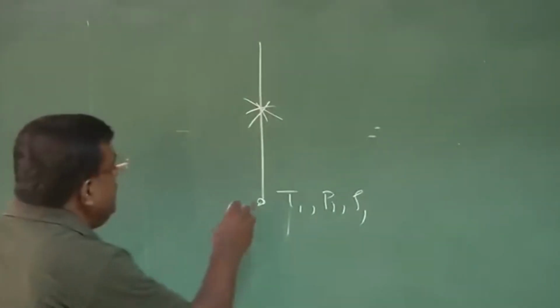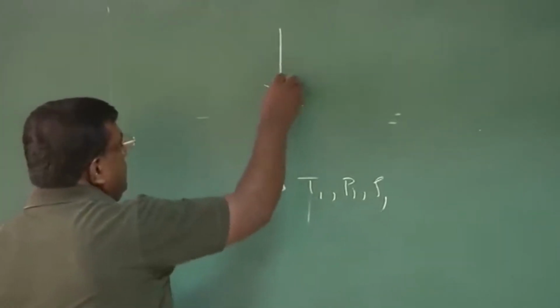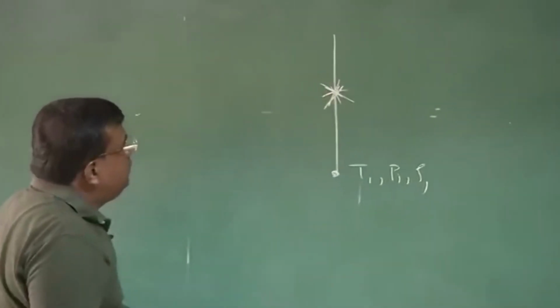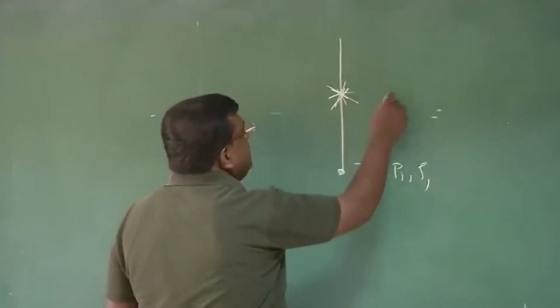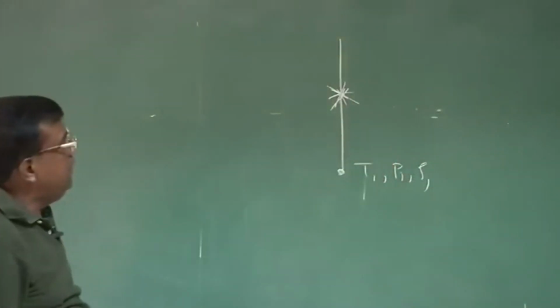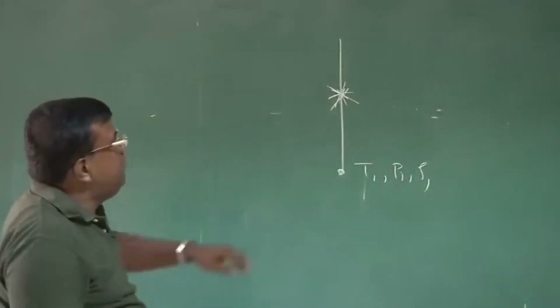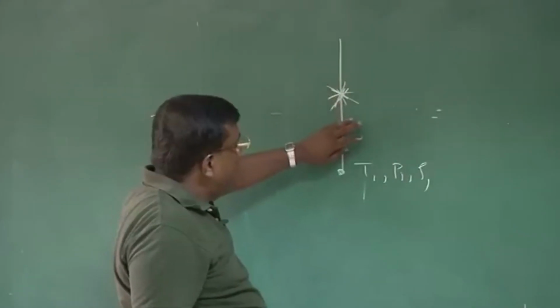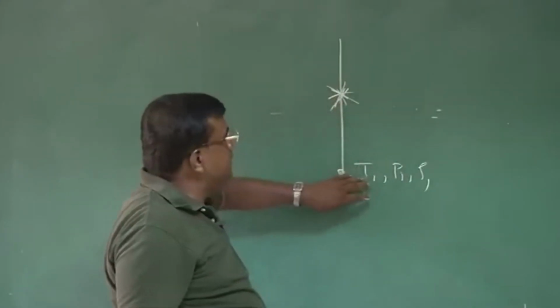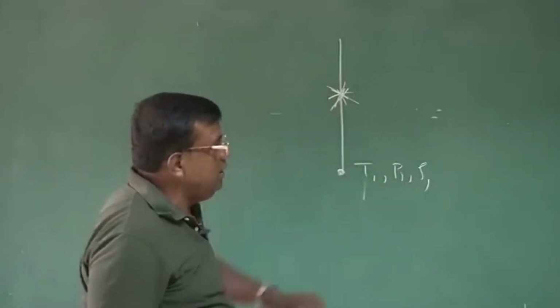We are working towards the method to find out the thermodynamic variables, temperature, pressure and densities at different altitudes, given the initial condition T1, P1 and rho 1, right?